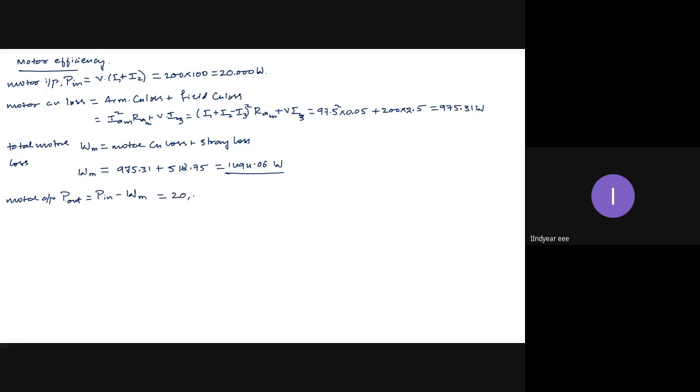So it is 20,000 minus 1494.06, equal to 18,506 watts. If you get 505.9 something, you'll take 506.